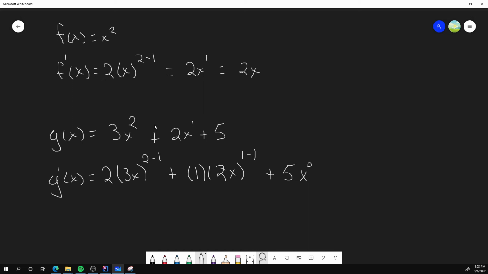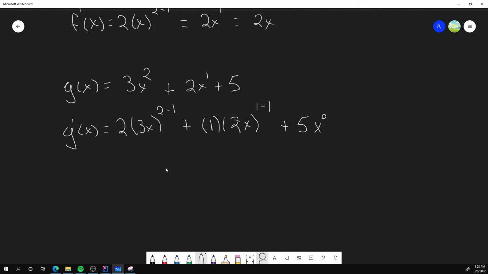And now let's simplify, right? So we have a function g prime of x is equal to 6x. Oops, I forgot the equal sign. It's kind of important, just slightly. 6x to the power of 1 plus, so we have 1 minus 1, which is equal to 0, and anything to the power of 0 is equal to 1.